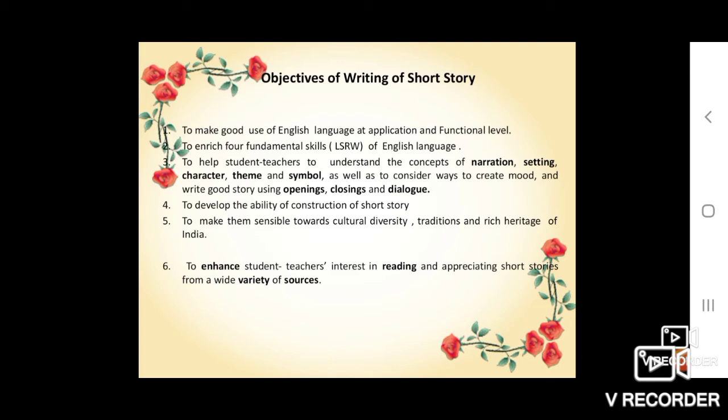Because writing means perfection. After writing on these different topics, you will be able to get perfection by expressing yourself with the help of words.